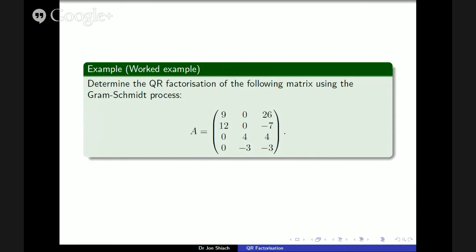So E1 was 3/5, 4/5, 0, 0. E2 was 0, 0, 4/5, minus 3/5. And finally, E3 was 4/5, minus 3/5, 0, 0. That's our Q matrix.